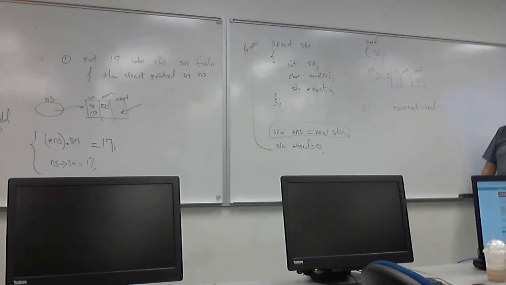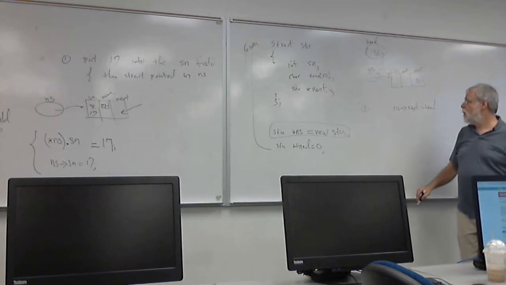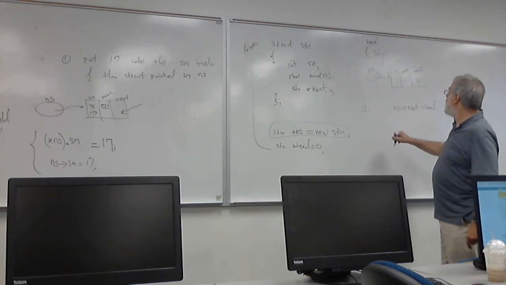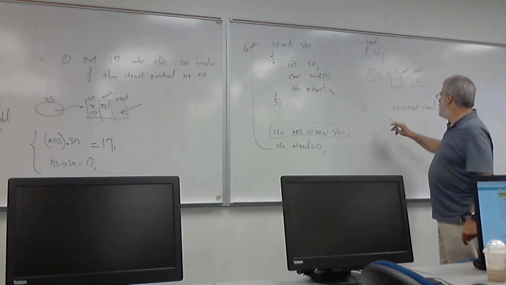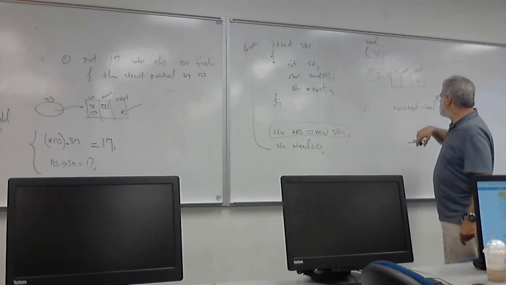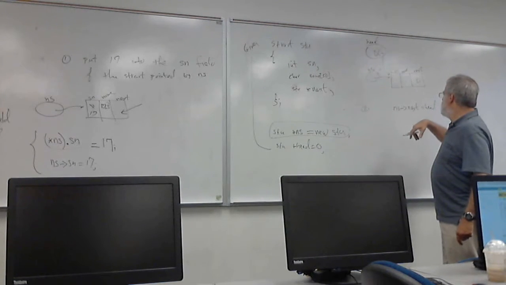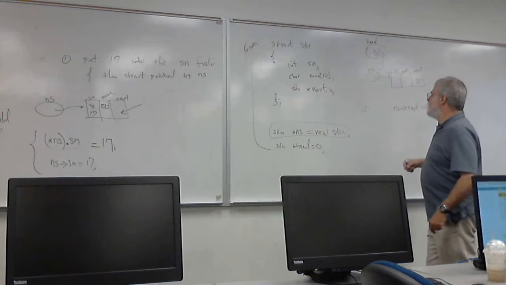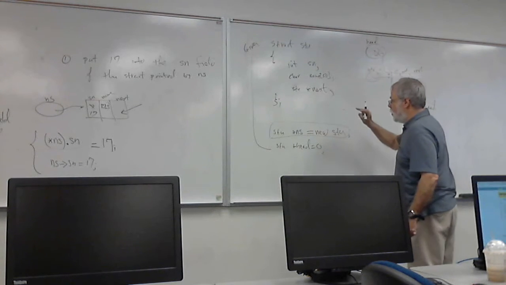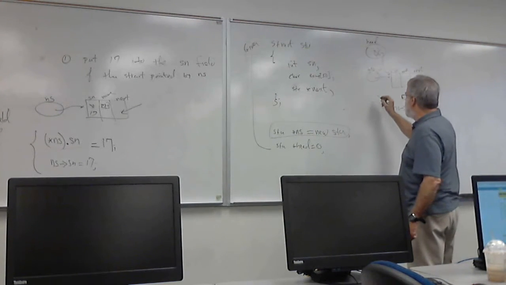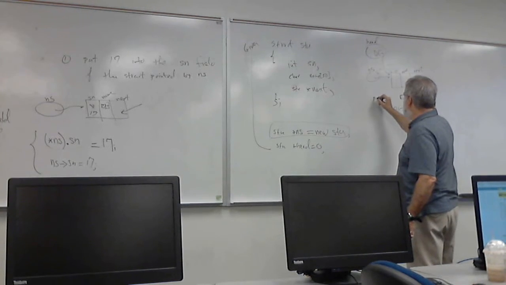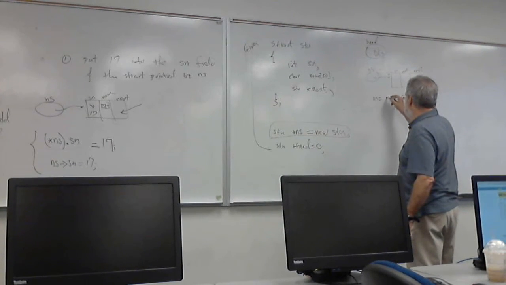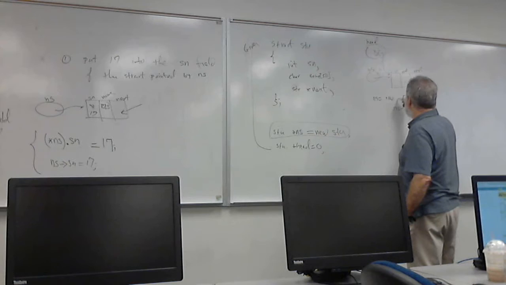Suppose you were to repeat these 2 steps now. What are the steps? We're going to make a new box, so ns is going to be equal to new stew.